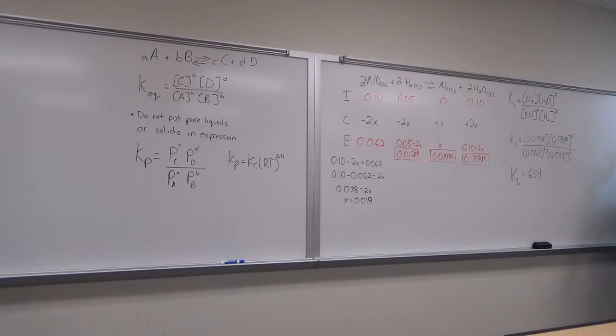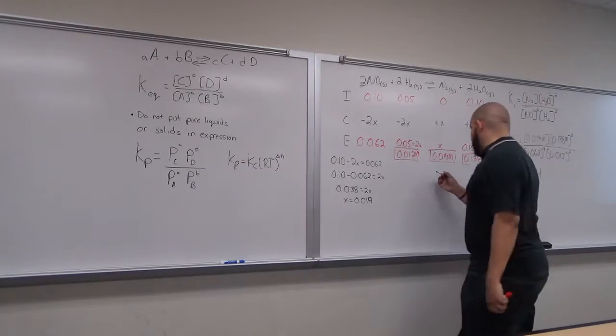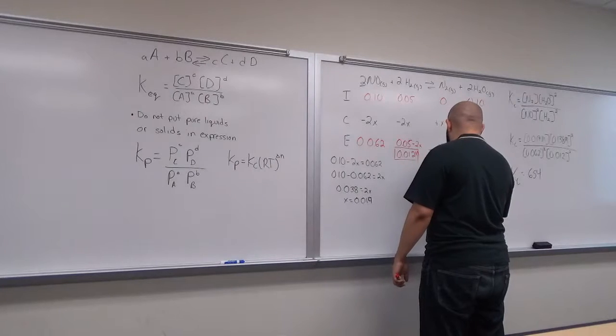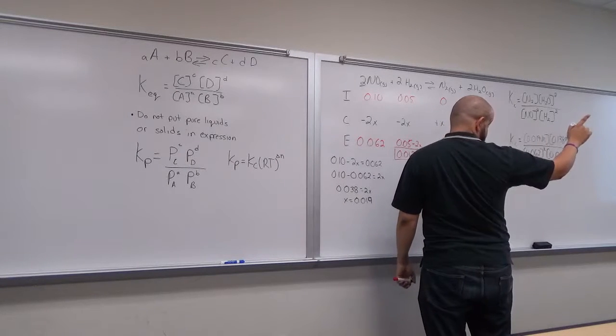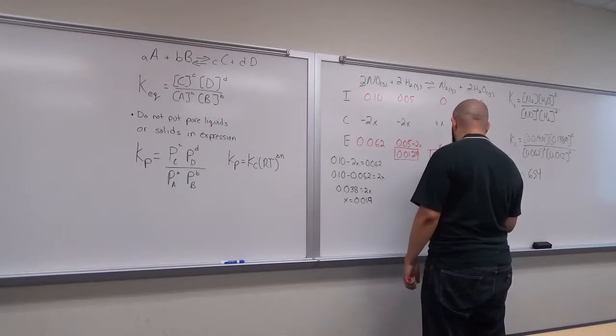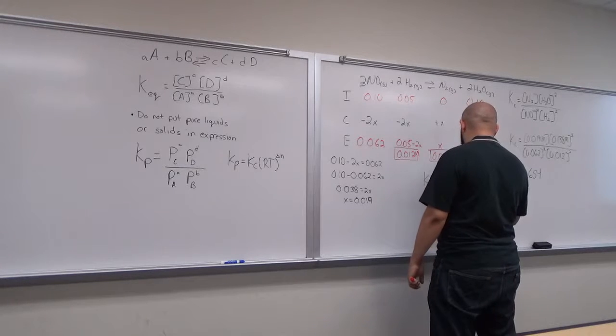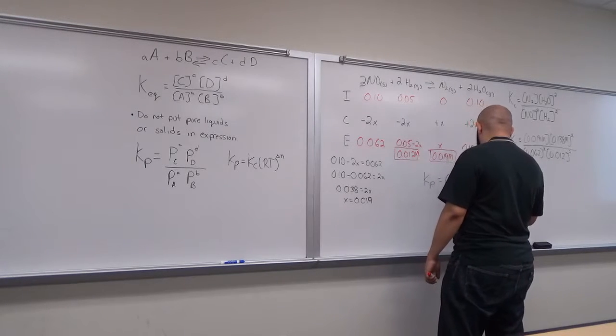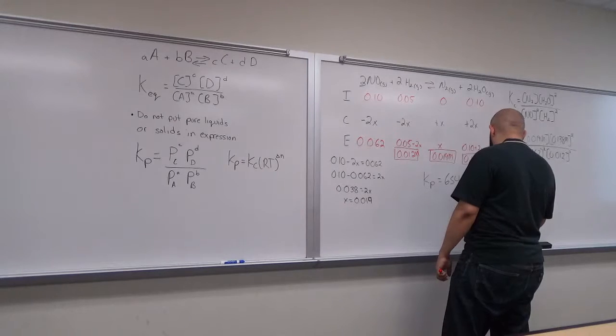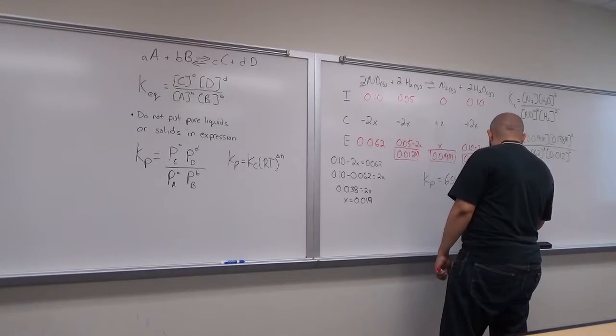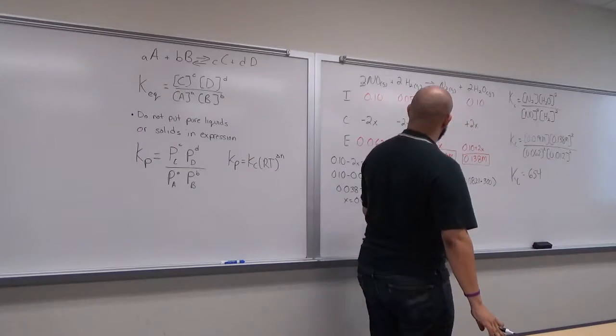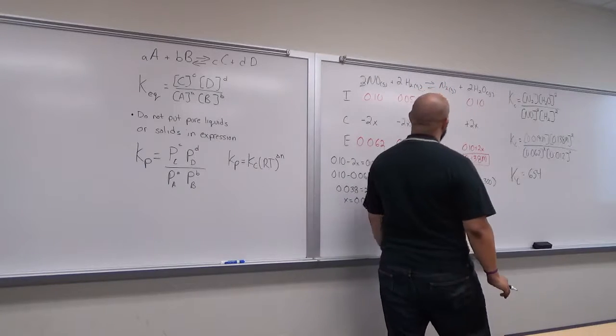Now, let's say I tacked on one last part: calculate Kp. The calculation of Kp at 300 Kelvin is equal to Kc, 654, times 0.0821 times 300, and you don't even need the units here. Now what's delta n? Negative 1.